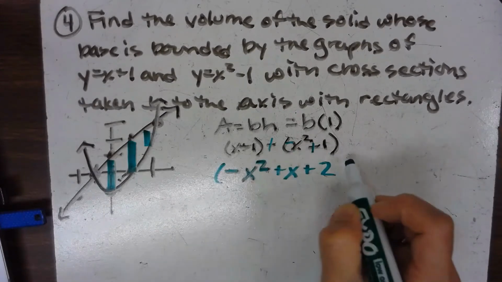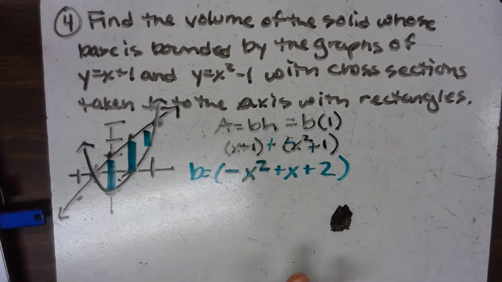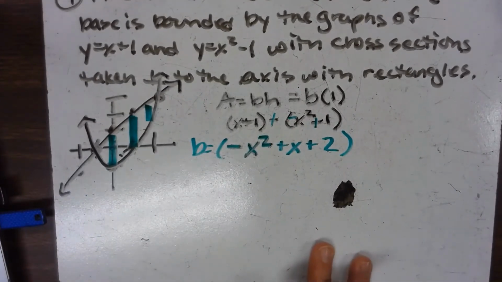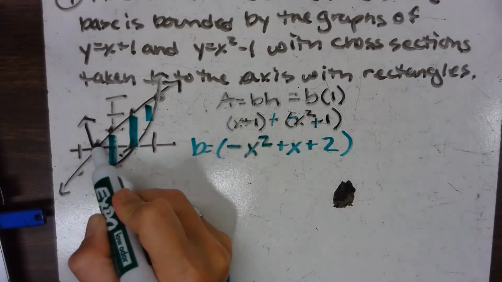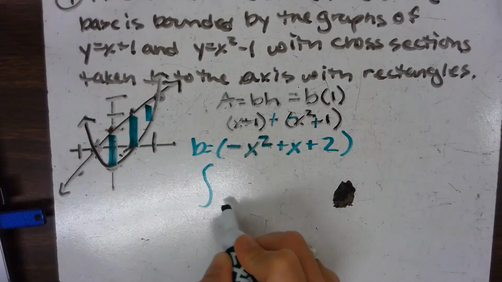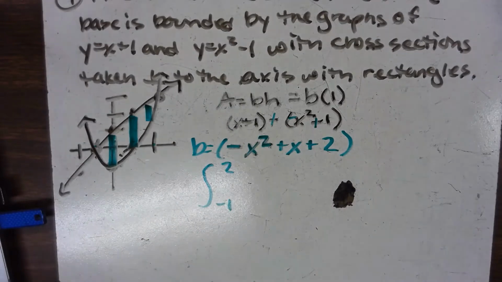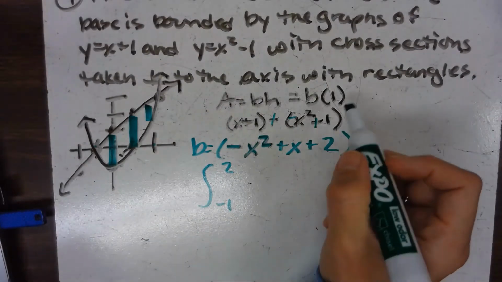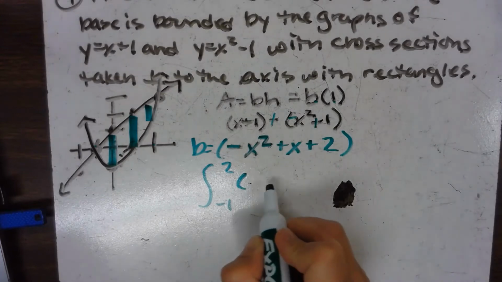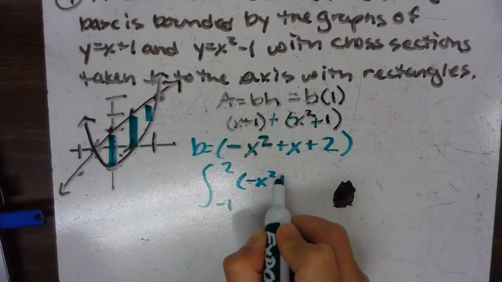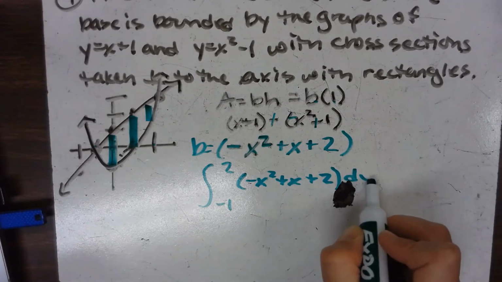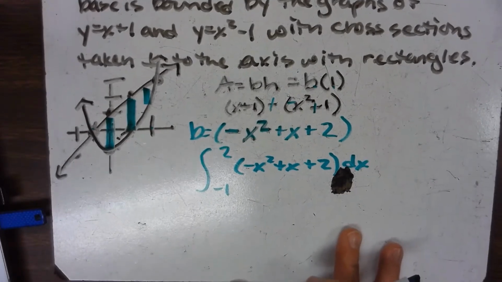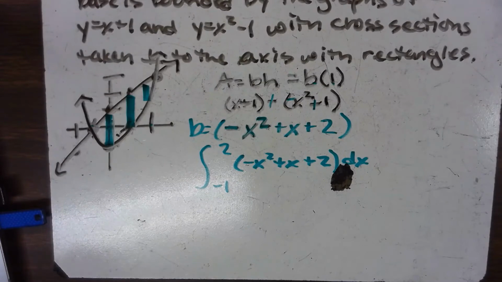All right, so this is our b value. Notice our x values, we're going from -1 to 2. And since we're timesing by 1, really it's just going to be the integral of negative x squared plus x plus 2 dx.